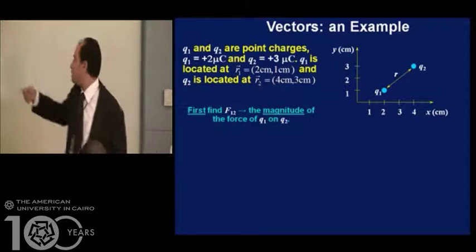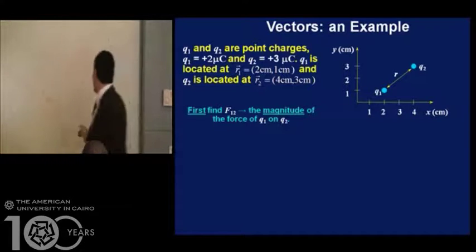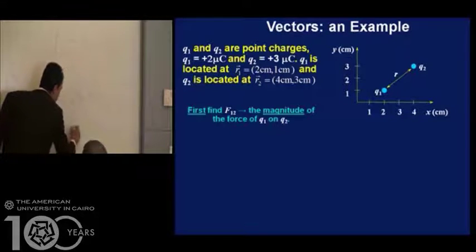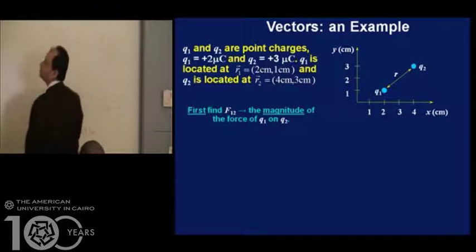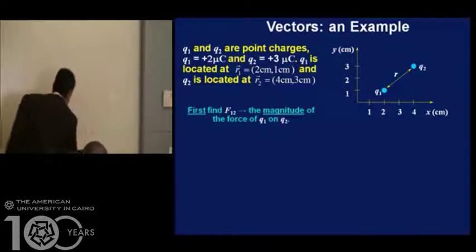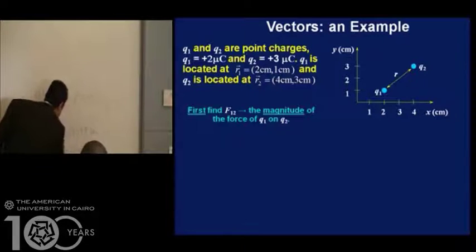Everything has to be in meters. So x2 is going to equal 0.04 meter, x1 is equal to 0.02 meter, and y2 equals 0.03 meters, and y1 equals 0.01 meter.